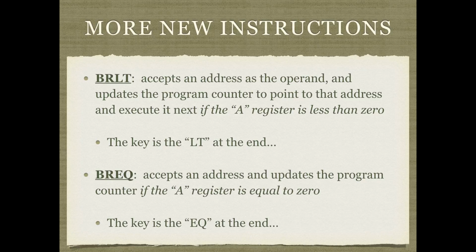Okay, more instructions. BRLT accepts an address as the operand and updates the program counter to point to that address if the A register is less than 0. Remember back to a couple slides ago talking about the branch instruction that resets the program counter, giving it a new value, and then after the current instruction is done executing, we go down a different path than we were before.